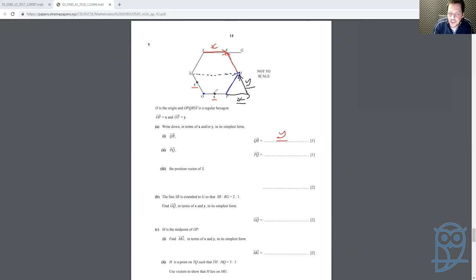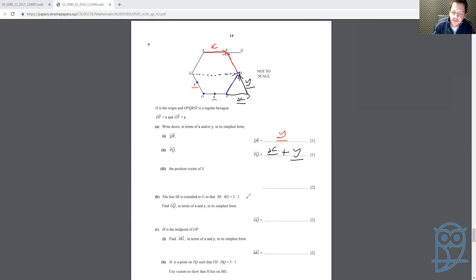So I very much can add on that, and it will meet at Q. So if I want now PQ, to start at P, I can go there to my new point, and then there, and get to Q, which means that this is actually X plus Y. And answers can be written as the sum of vectors, and most likely will be written as the sum of vectors.